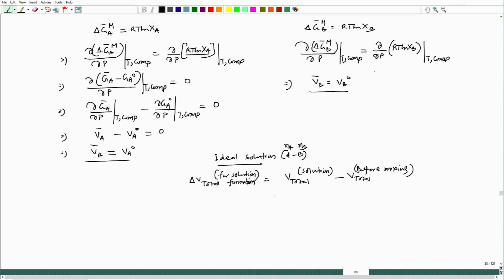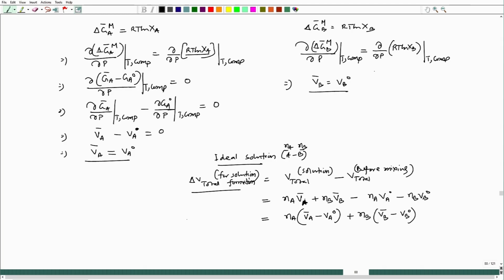So, this becomes Na Va bar plus Nb Vb bar, minus Na Va naught minus Nb Vb naught. So, this becomes Na times Va bar minus Va naught plus Nb times Vb bar minus Vb naught. Now, this is basically for total.